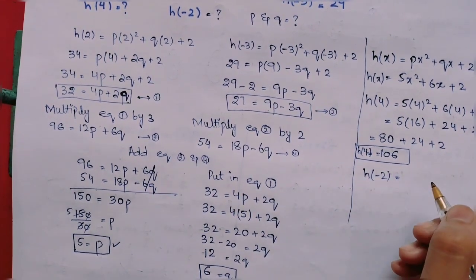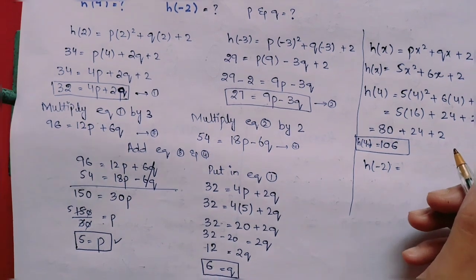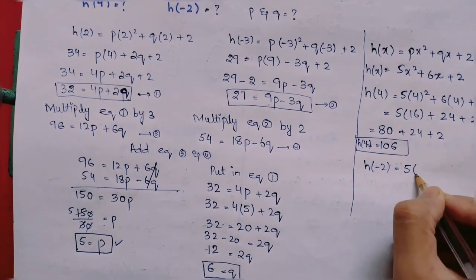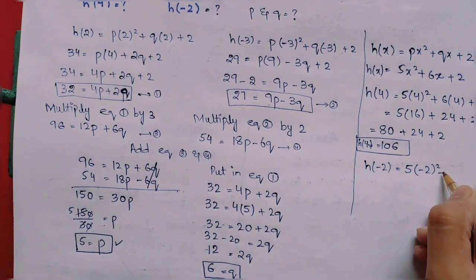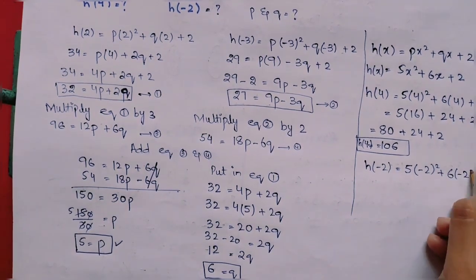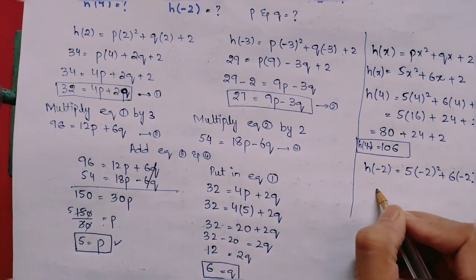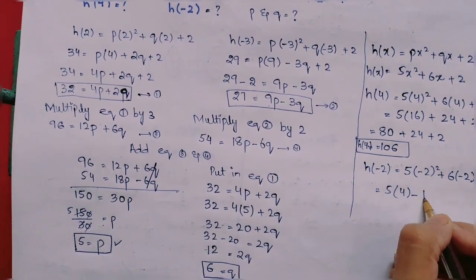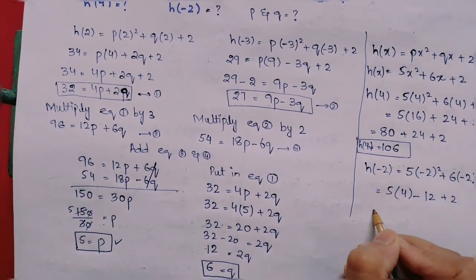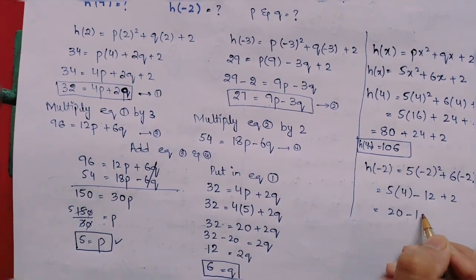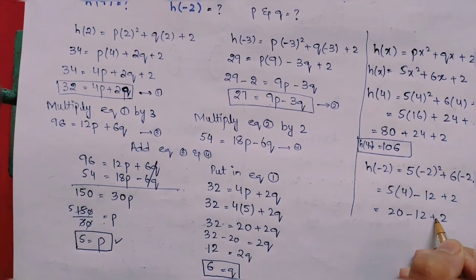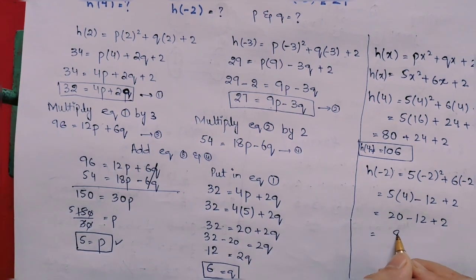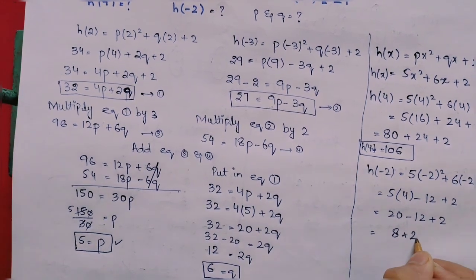What you will do next is find the value of h of minus 2. For minus 2, put again in the place of x minus 2. It becomes 5 into minus 2 square plus 6 into minus 2 plus 2. 5 into 4 minus 12 plus 2. 8 plus 2.